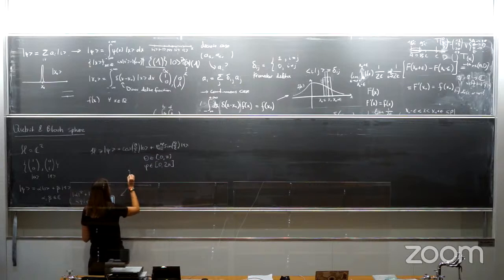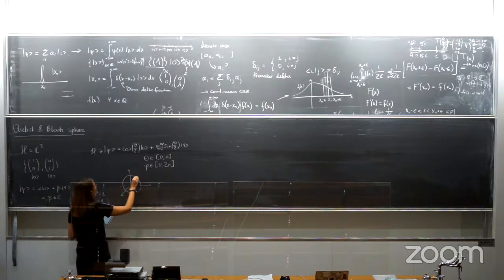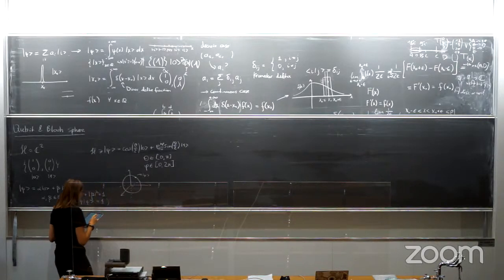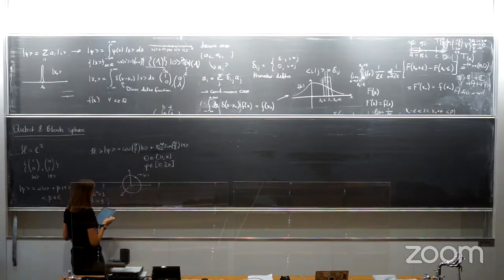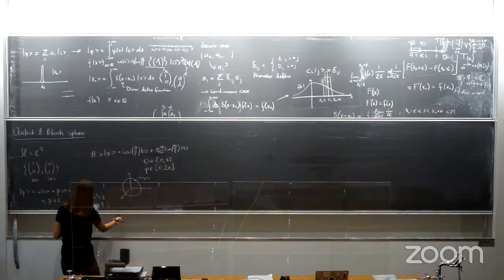We have this 3 dimensional space, and then we have a sphere around the origin of radius 1, and then each point on the sphere corresponds to the state psi. And we will see which state corresponds to which points on the sphere. Now, let us first prove this statement.